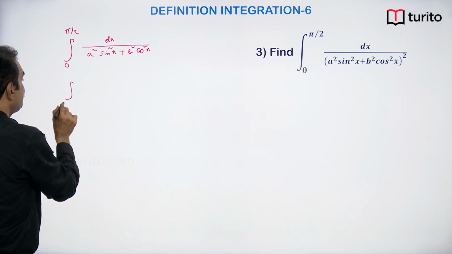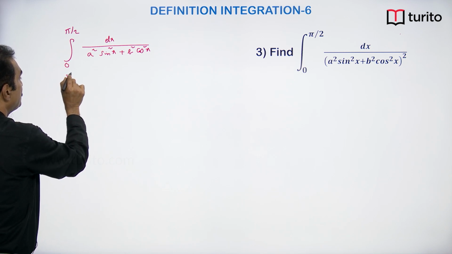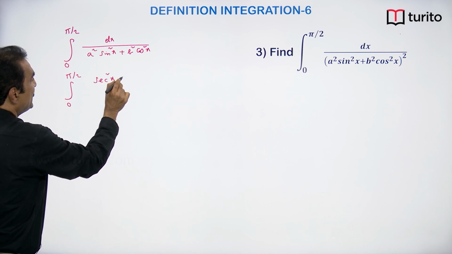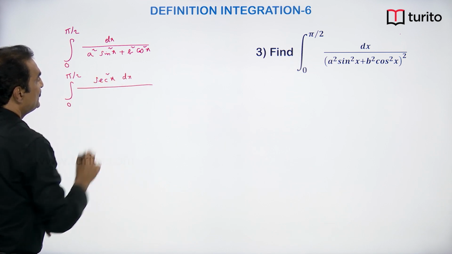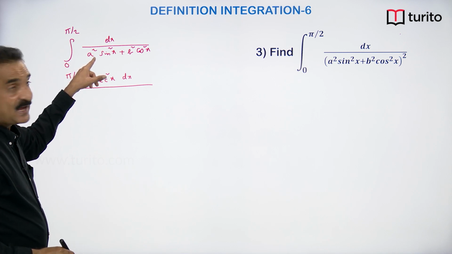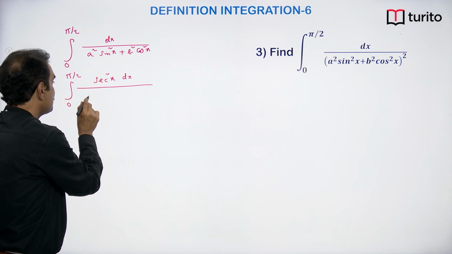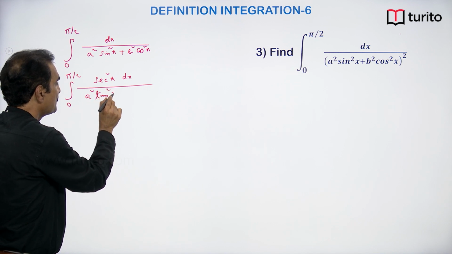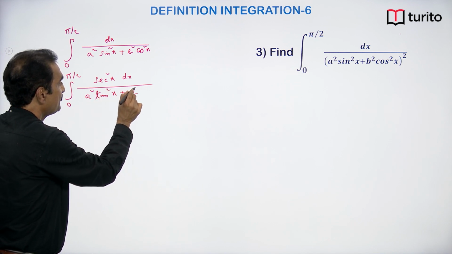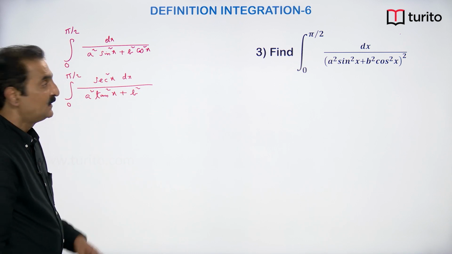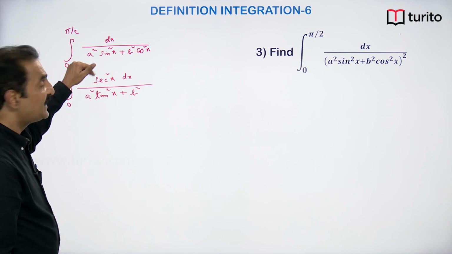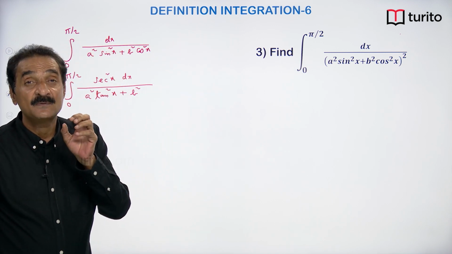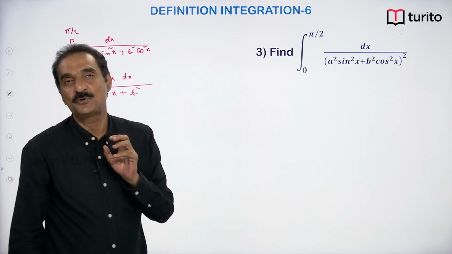You will get numerator as secant square x dx, denominator will be a square into tan square x plus b square. Now, what is the idea behind multiplying by secant square x? We are going to substitute tan x is equal to t.